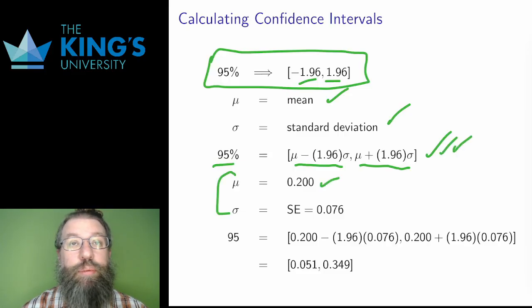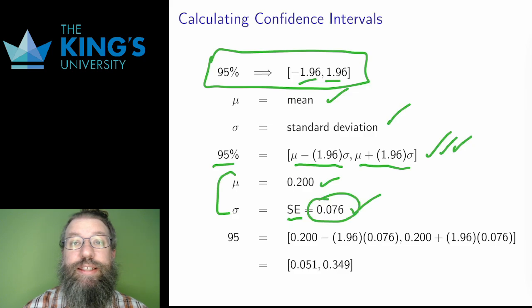The mean of the sampling distribution is the sample statistic, 0.2. The standard deviation, which for the sampling distribution is often called the standard error, is 0.076. We calculated this in the last video, so feel free to review the process from that video for where this 0.076 came from. Well, then I apply my new setup.